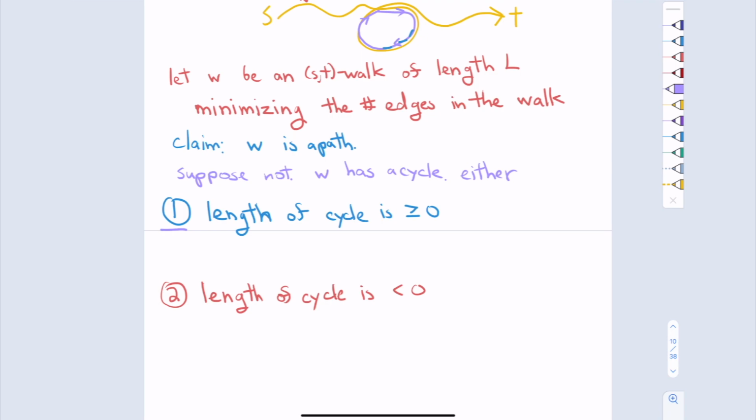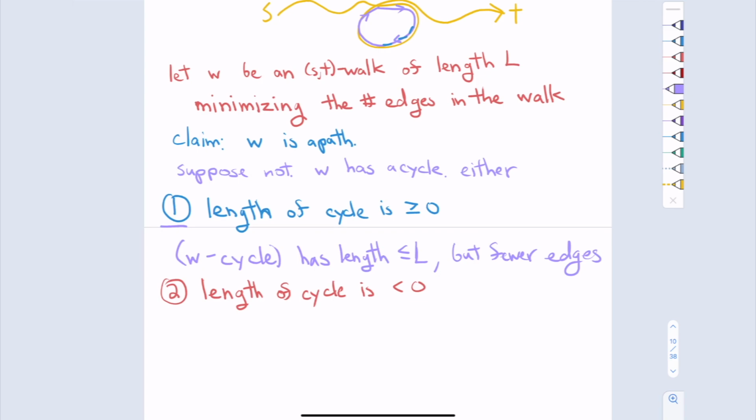Then if I remove the cycle, the total length doesn't go up because I'm removing a non-negative number from the total length, but the number of edges does go down. So if I subtract the cycle, it still has length less than or equal to L, so it's still a shortest ST walk, but there are fewer edges. So that contradicts our choice of W, which is supposed to minimize the number of edges.